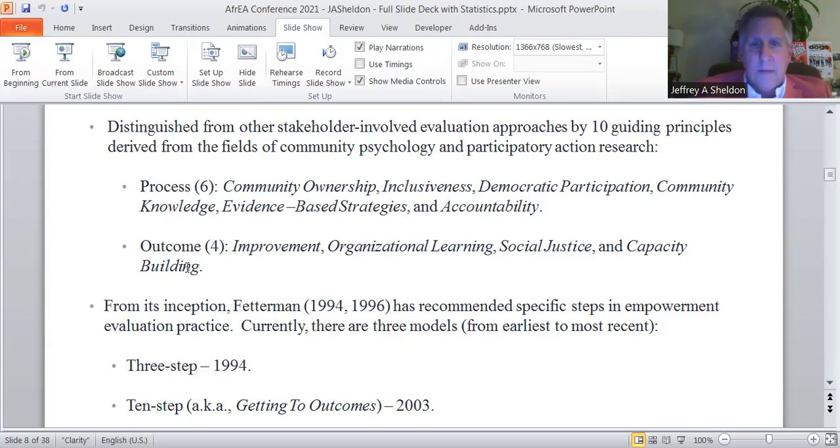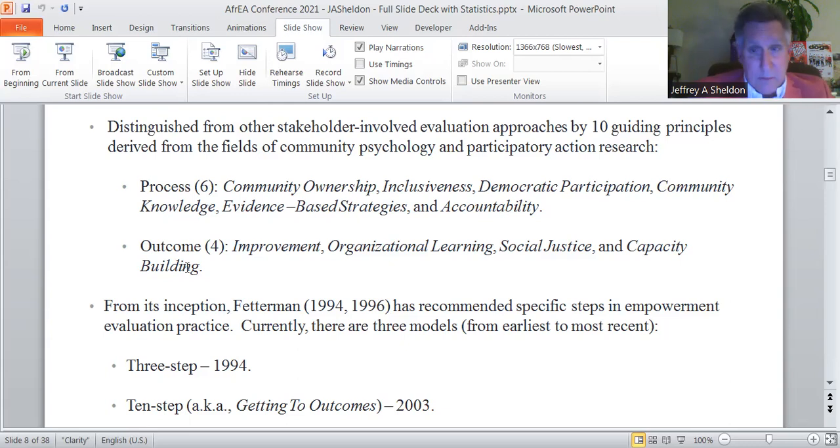So the idea is to use best evaluation practices. And then there's accountability. So people are accountable to each other for the success of the evaluation.